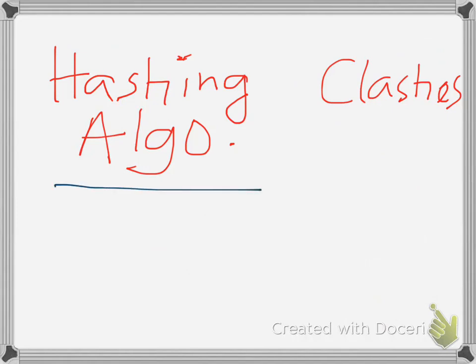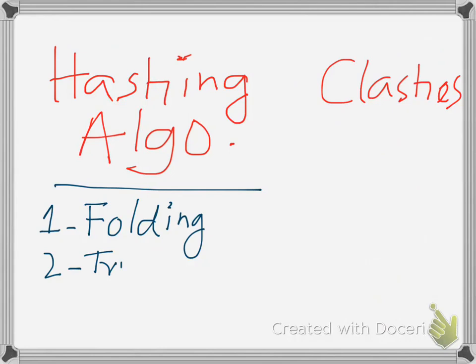So the first algorithm to create a hash key is called number one, folding; number two is truncation; number three, which is the most important one, is modulo division.